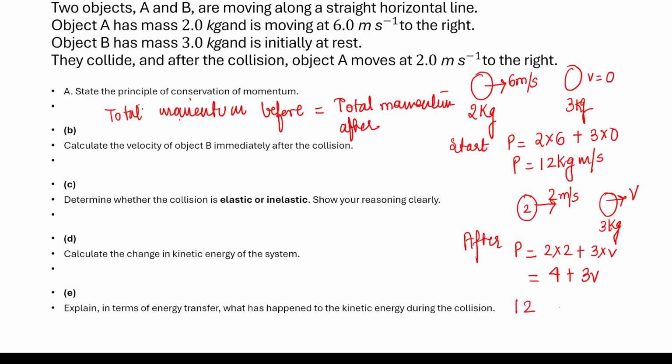So 12. Now, because momentum is conserved, momentum before is equal to momentum after. So I'm just equating them: 12 equals 4 plus 3v. 12 minus 4 is 8, 8 over 3. So my answer is the velocity of B is 8 over 3 meters per second.